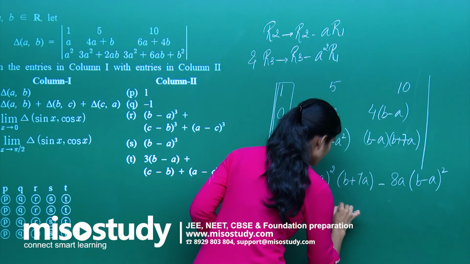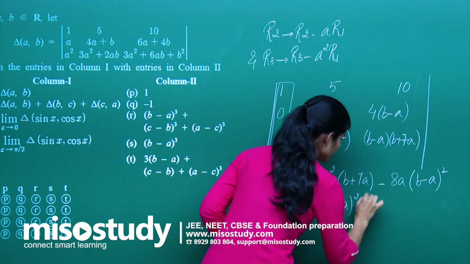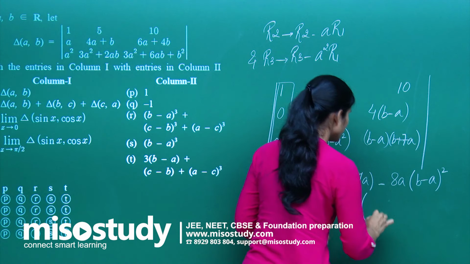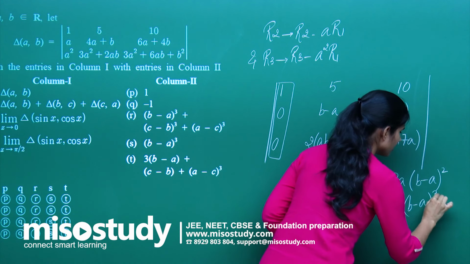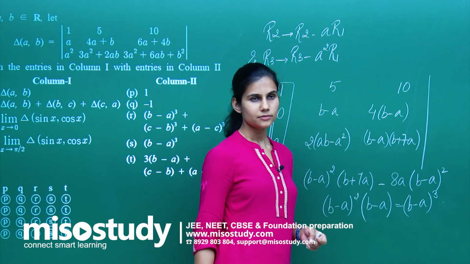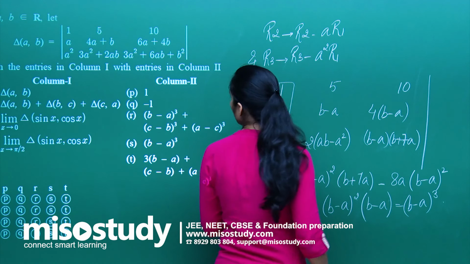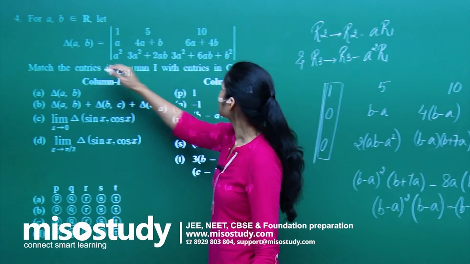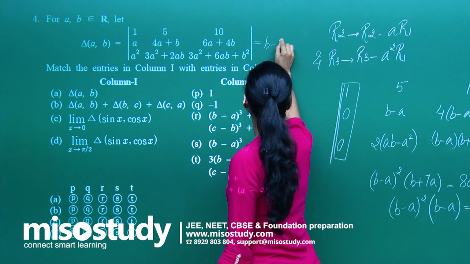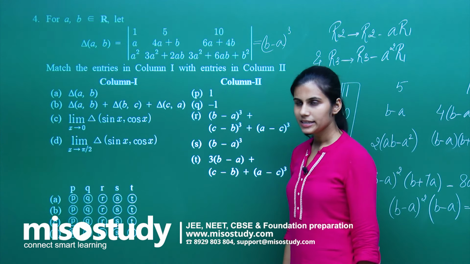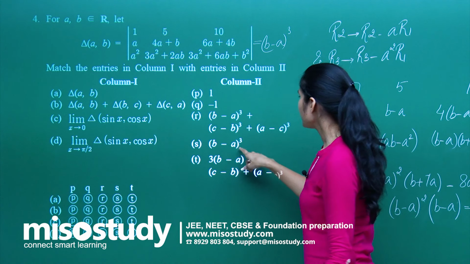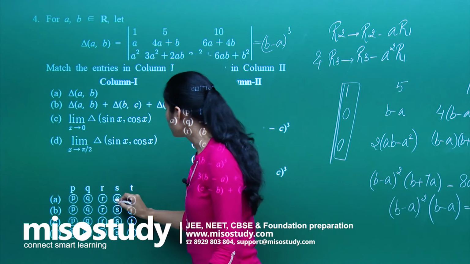So b minus a whole square comes out common. You have b plus 7a minus 8a, which is again b minus a. So you get b minus a whole cube. Clear? Therefore, delta AB is coming out to be b minus a whole cube. Now delta AB is actually b minus a whole cube, so A gets matched to S.